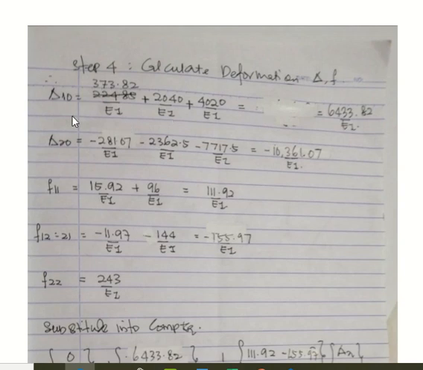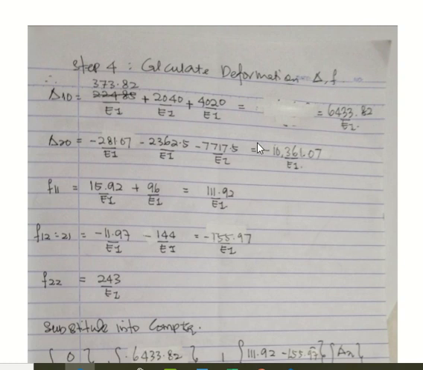How to calculate the deformation? Please refer to the equation in our note. If I'm not mistaken, it is in slide number 7, something you have learned from the previous subject, determinate structure.